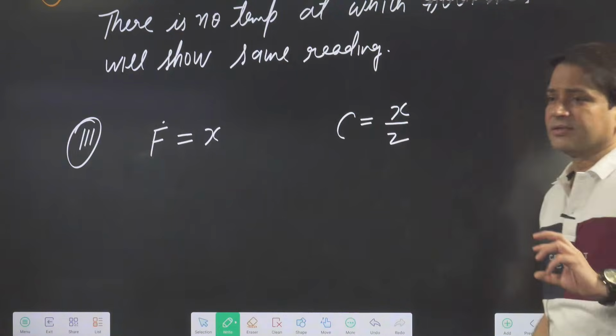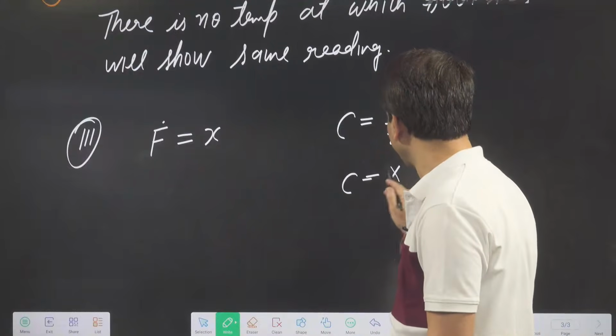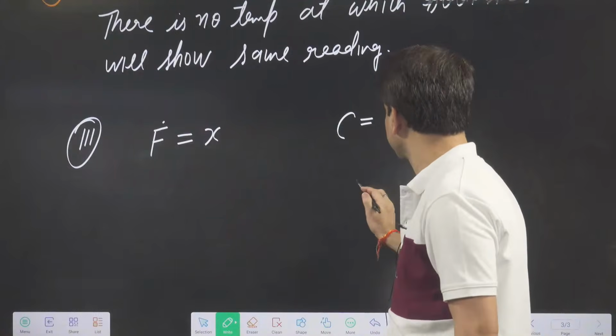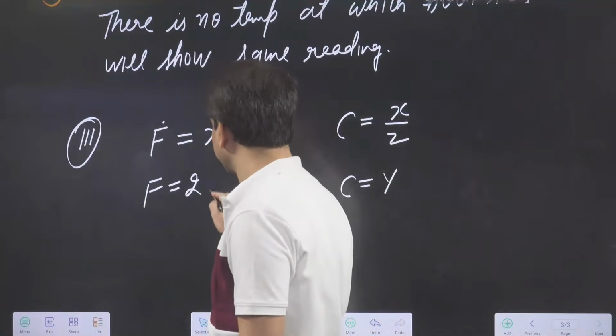Somebody can assume it like this also: suppose I take Celsius as Y, then Fahrenheit I can take as 2Y. This is also correct.